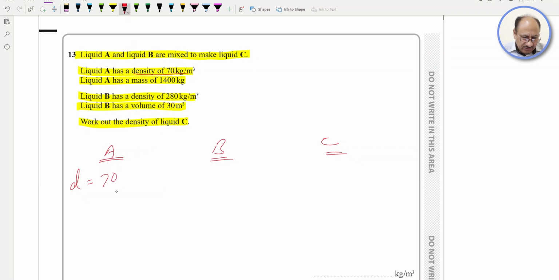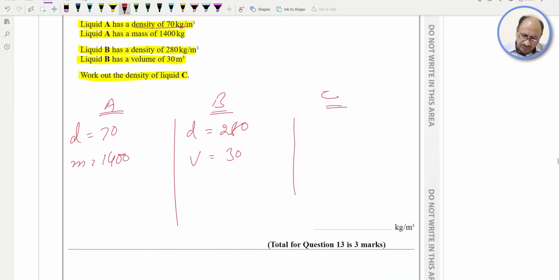I'm just mentioning 70, and mass is equal to 1400 kg. And in case of B, density is provided, or you can represent it by rho or D, so 280 is the density, and volume is provided, which is 30 meter cube. And for C we will be checking what we will be doing.